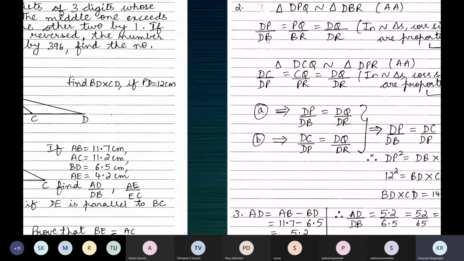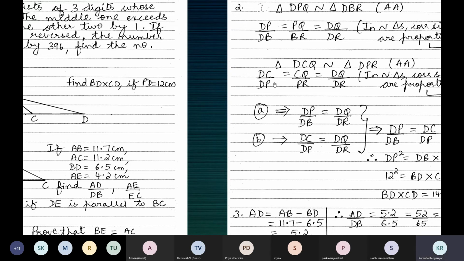That is why we have written DP by DB is equal to DQ by DR. DQ by DR we have taken because it's common in both. And of these two ratios, we take this because it has DB in it. We ignore this one. We write DP by DB is equal to DQ by DR. From the second one, we write that common thing DQ by DR. And since we need CD, there is CD only here.